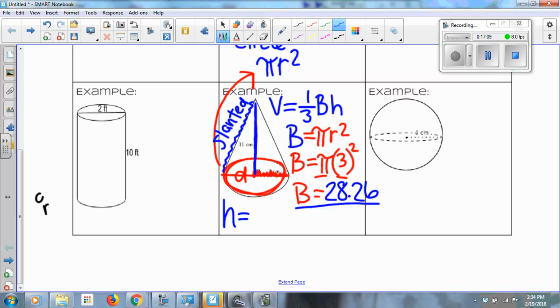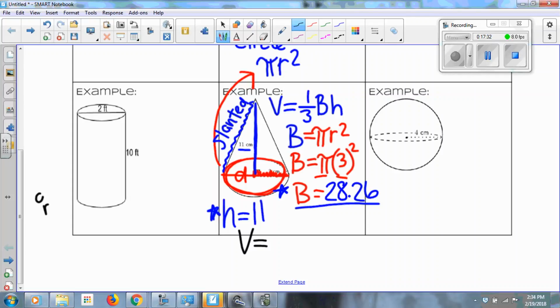The height of your cone is the one that goes nice straight up and tall, just like how you stand. So our height is already labeled for us. It is 11 centimeters. So our height equals 11. So now we are ready to plug everything into our formula. We have 1/3. We have big B. We have h, our height. So let's look at how we're going to type it into our calculator, and then we'll do it.